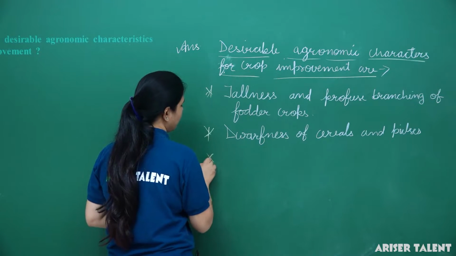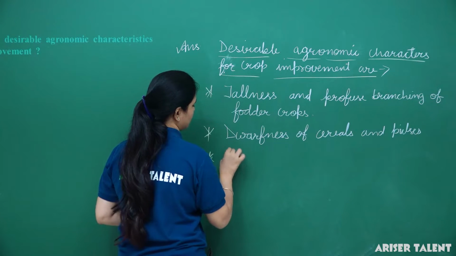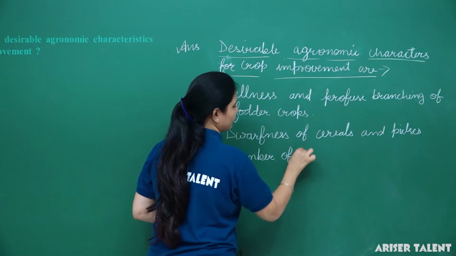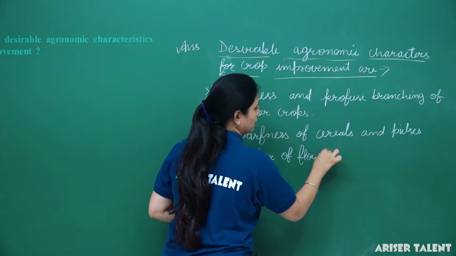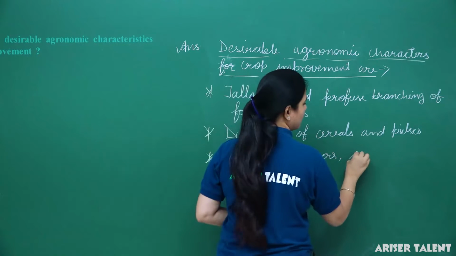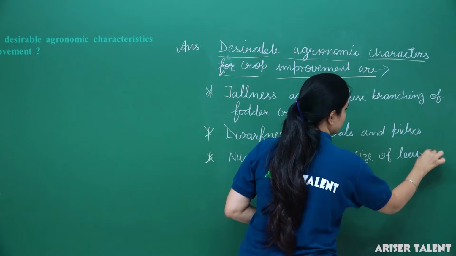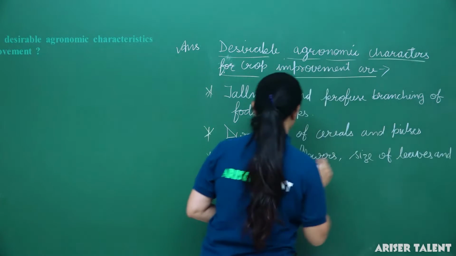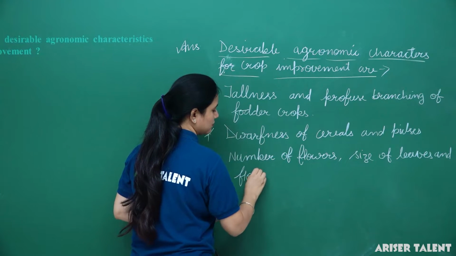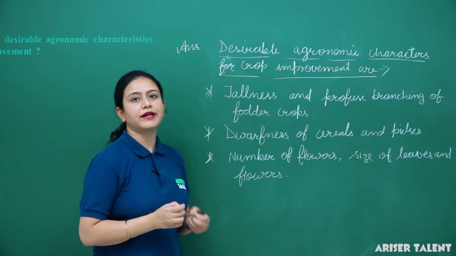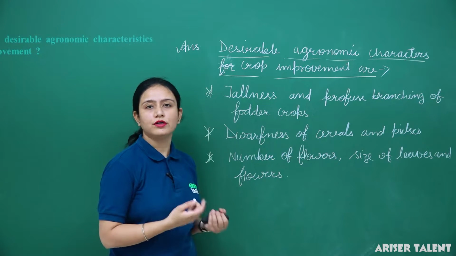Okay, next is number of flowers, and size of leaves and flowers. So these are the agronomic characteristics which are required for crop improvement.